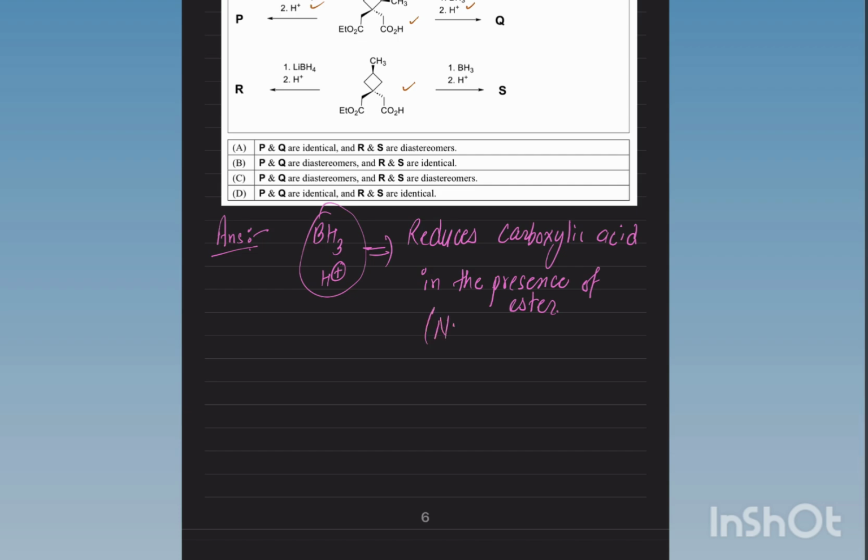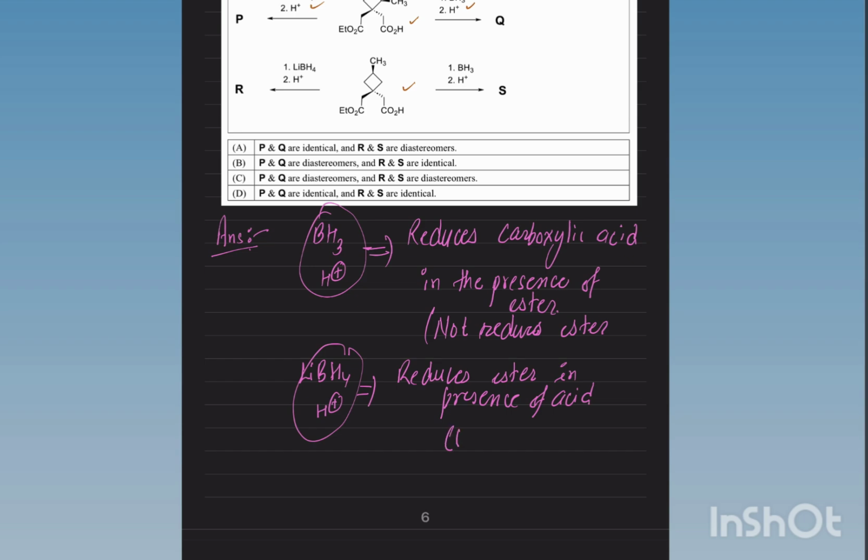We can say that it does not reduce ester. And lithium borohydride, LiBH4, is also given. This reagent reduces ester in the presence of acid. We can say that it does not reduce acid. So they both behave differently.